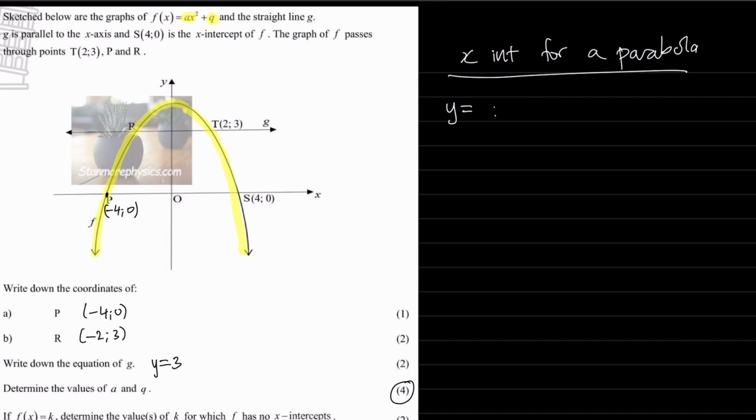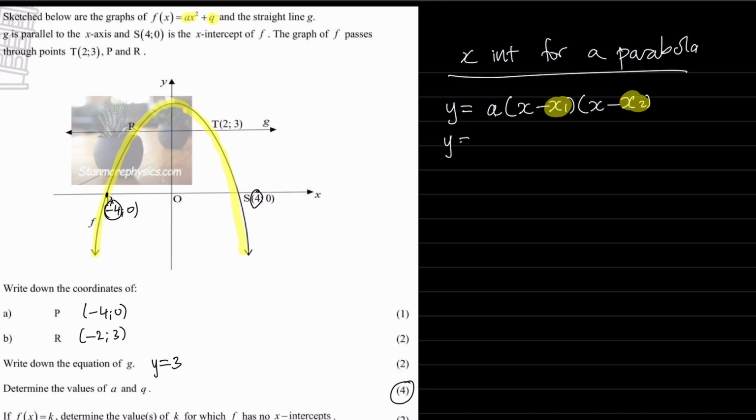y is equal to a into x minus x1 and then x minus x2. x1 and x2 are the x-intercepts. Now, what are my x-intercepts? Let's remind ourselves here. One x-intercept is 4. The other x-intercept is minus 4. Let's substitute those in.